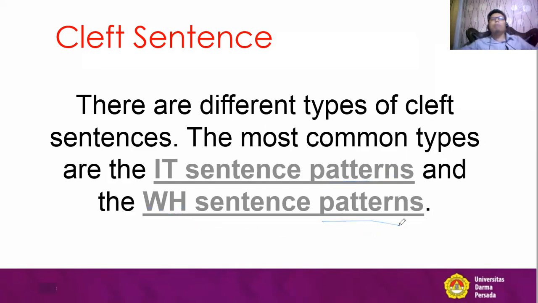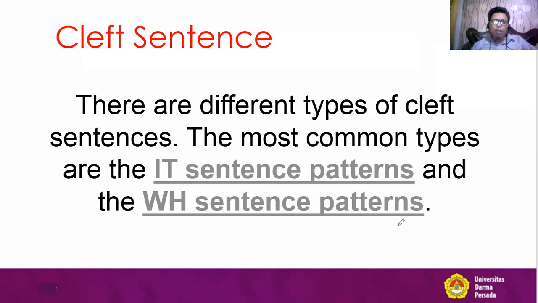So what I'm trying to say is that you are going to find sentences starting with it, something like what we learned in the previous learning material, introductory it. So whenever you find a sentence starting with it, this one is a cleft sentence.